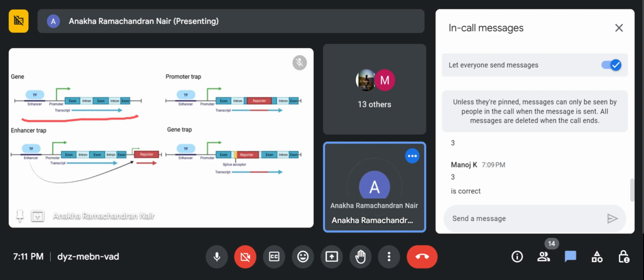Since you're adding it randomly, you hope that it is put inside the exon, that is the part of a gene that will be a part of the mRNA itself, which will be made into the protein. So in this case you will figure out if this promoter is working or not. All right.